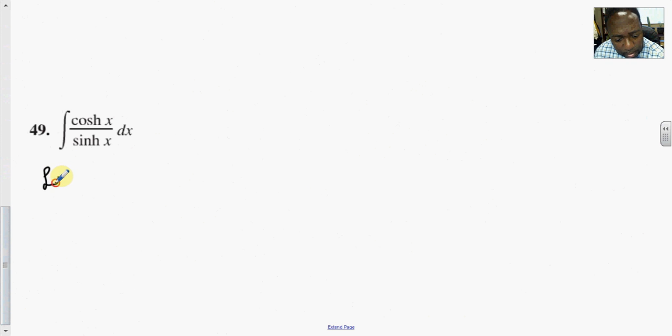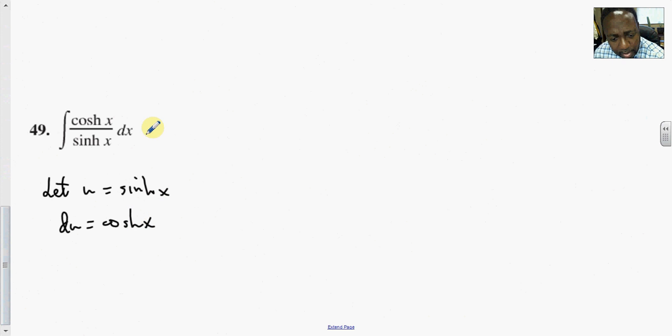Well, this looks like a natural log. Let u equal hyperbolic sine x. Well, du is hyperbolic cosine x.